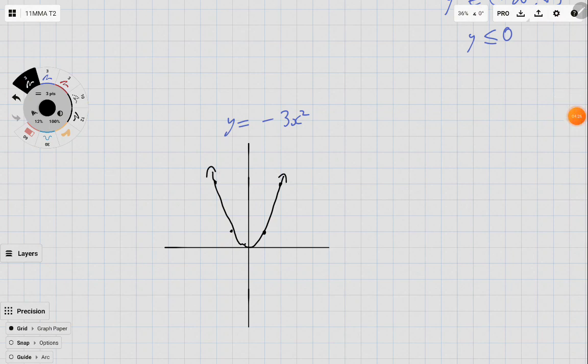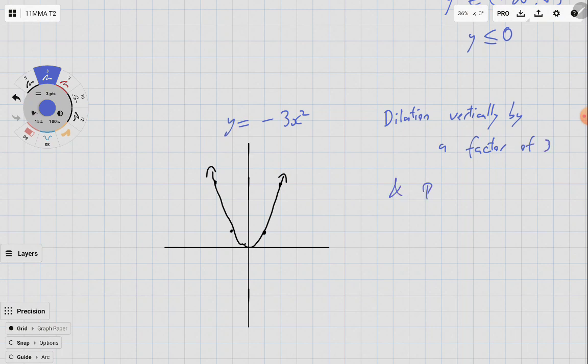And then if I had to do negative 3x squared, well, the 3 tells us that there's been a dilation vertically by a factor of 3, but also it's been reflected in the x-axis. So I just need to perform those two transformations.